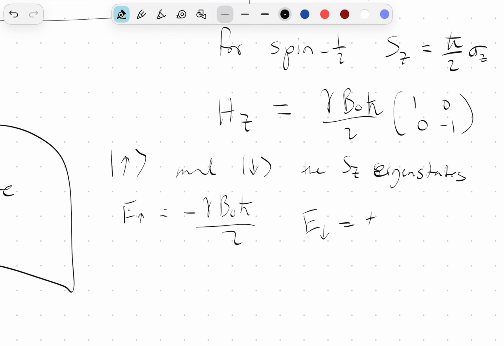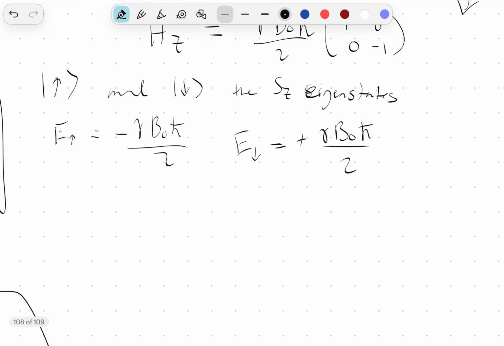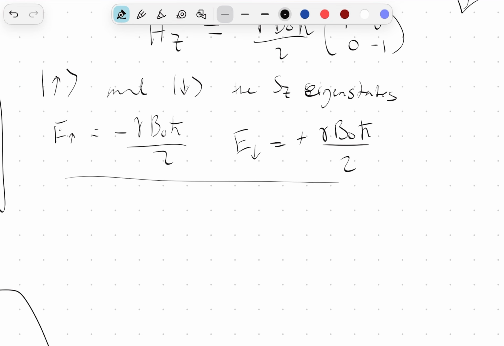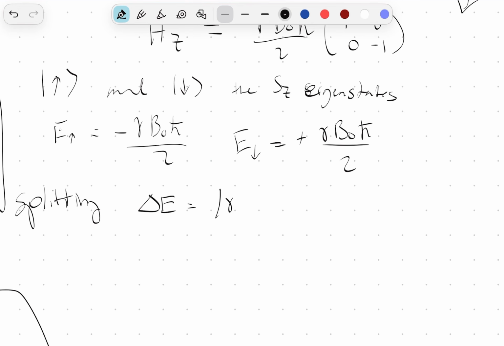So for spin down, the energy will be B squared over 2. And then the splitting between both of the states, let's just say it's going to look like delta E, which is the magnitude of the gyromagnetic ratio with B and H bar.